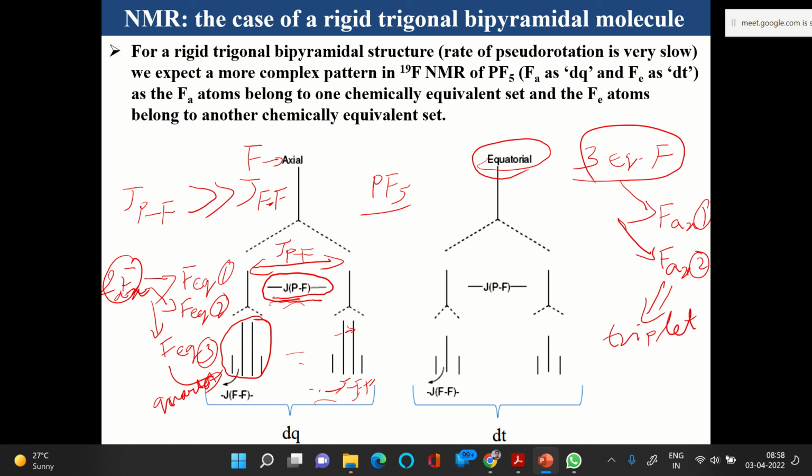This will happen in a rigid system. One way of making it rigid is by lowering the temperature. There's another way: if you have a bulky substituent, that will also make it rigid and rotation will be hindered. In such cases you will have a situation like this emerging.